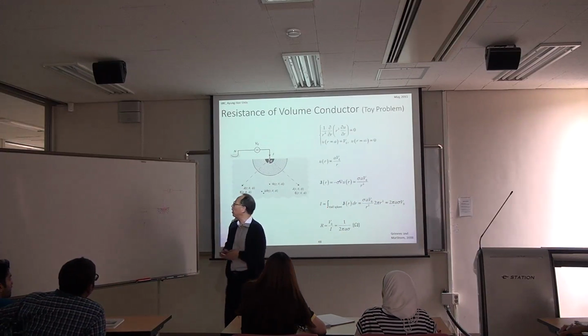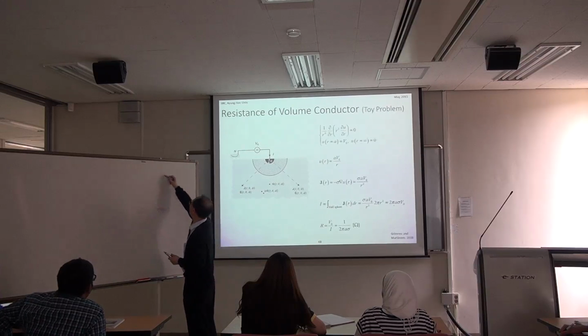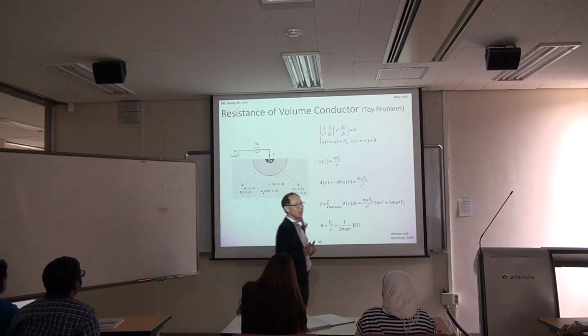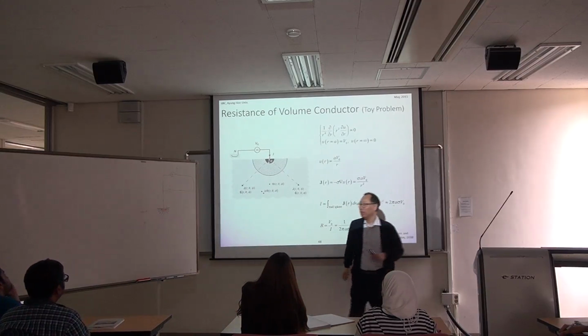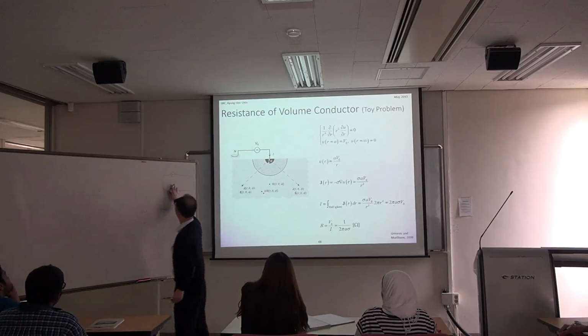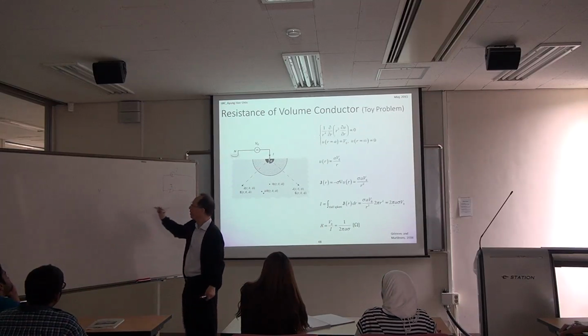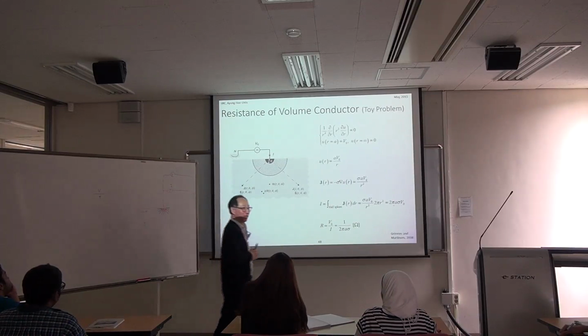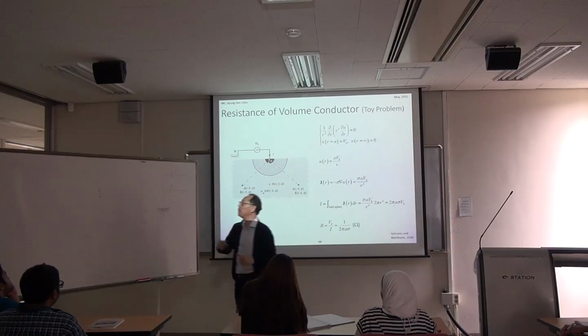Now I want to find out what kind of voltage is going to be measured over there. If we know the voltage and if we know this current, then we can divide the voltage by the current, and this will give you what?